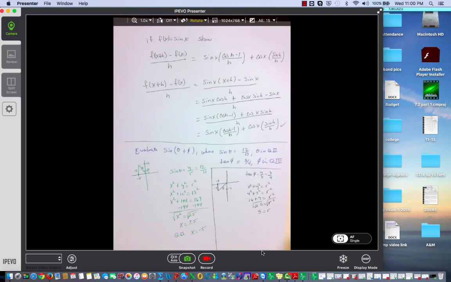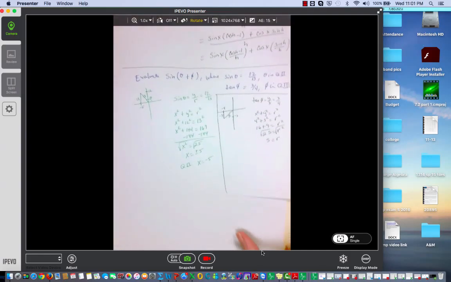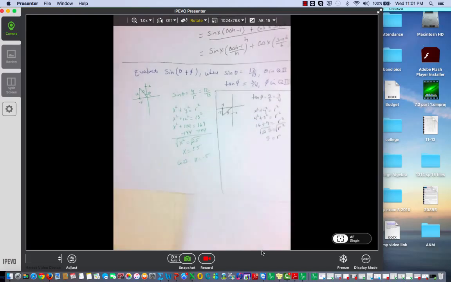To do our addition type configurations, we need not just sine, but we also need the cosine values. So we needed to find the x value, and we needed our r value for our phi. Let's see if we can finish solving this problem.